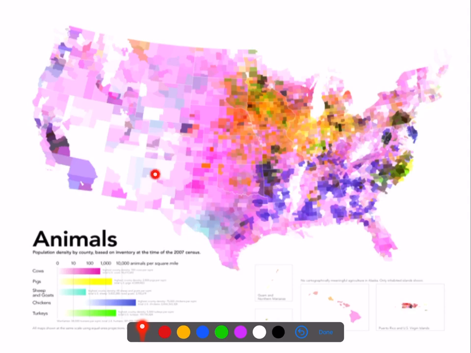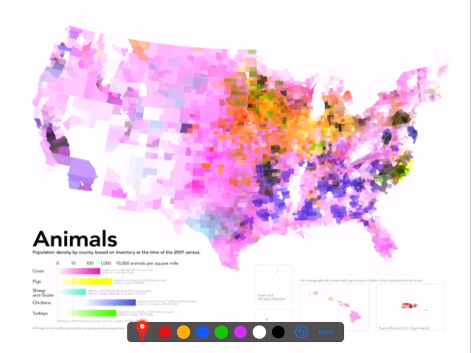I'm not sure if this would actually be chickens or sheep and goats. I know that this would probably be sheep and goats, seeing I've seen some of them in that area before as well. And then, of course, the darker purple, the darker blue looking color is all the chickens. And then lastly, we see turkeys up in the Midwest as well as on the East Coast for their population density. And we can see that they're very populous over in this area as well.